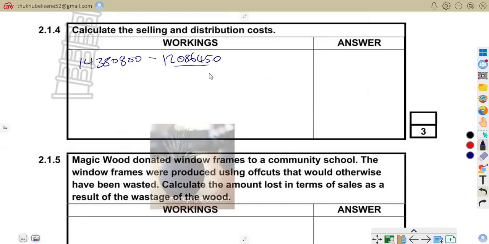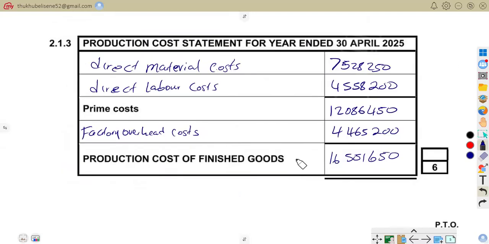Where did we get this amount from, maybe one can ask. This is our prime cost, our production cost. So we are going to say variable cost minus the production cost. Then it will give us the selling and distribution cost.